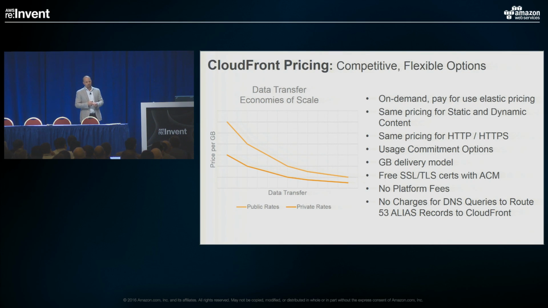With reserved capacity pricing, you essentially get a discount to the on-demand pricing in exchange for a monthly or annual commitment in traffic. We have no platform fees, and again, there are no additional charges for SSL, so long as you are using either the CloudFront shared cert or a cert that was issued through the Amazon Certificate Manager.